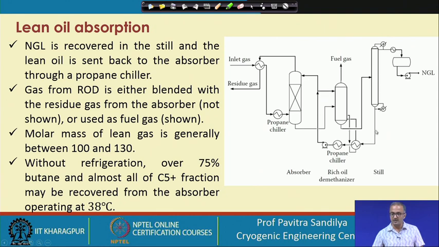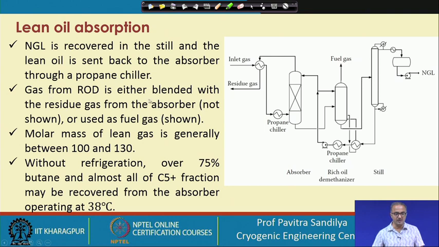During this we are also exchanging heat with this stream, and this is how it is getting reboiled. It has a higher temperature and goes back to this column, and through the propane chiller we take it back to the absorber.